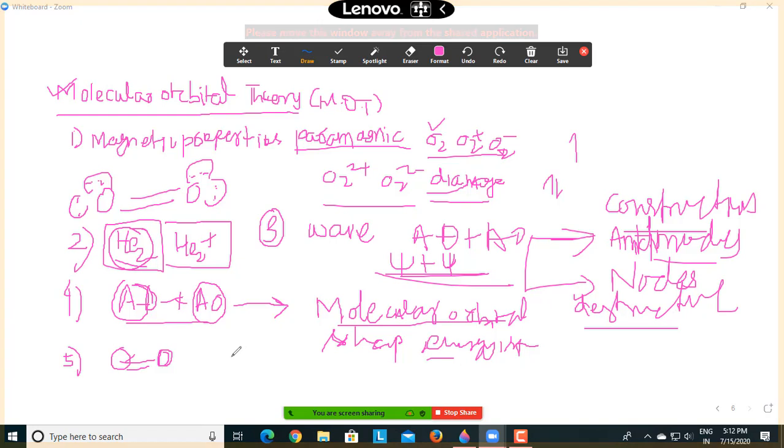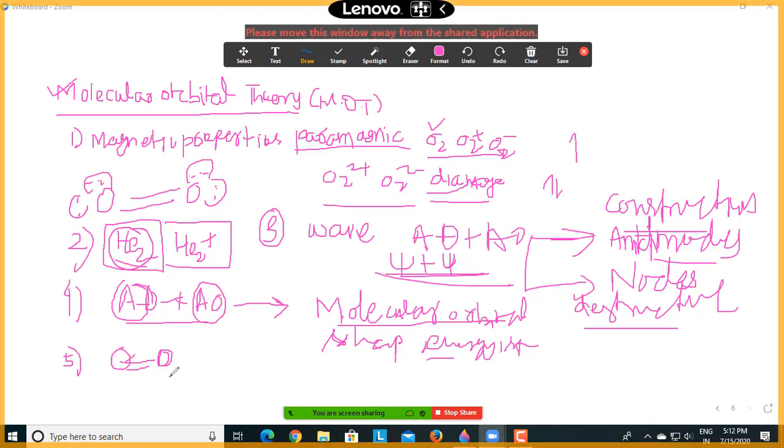Next, drawbacks. What is the last point, the fifth one? Fifth one I told about attractive force and repulsive force.